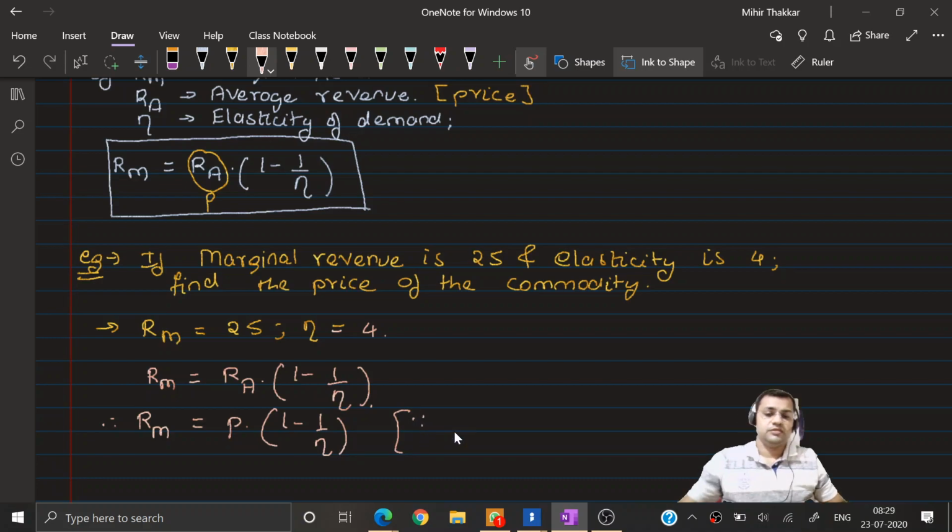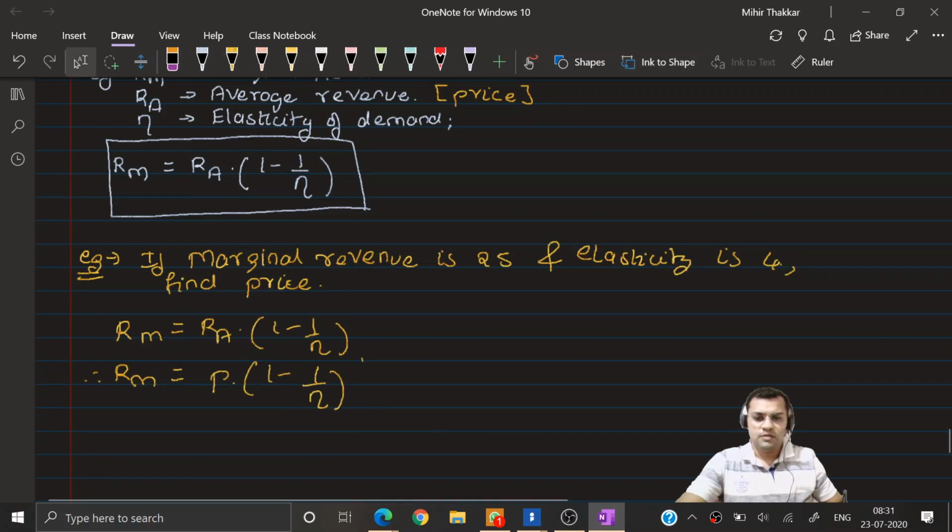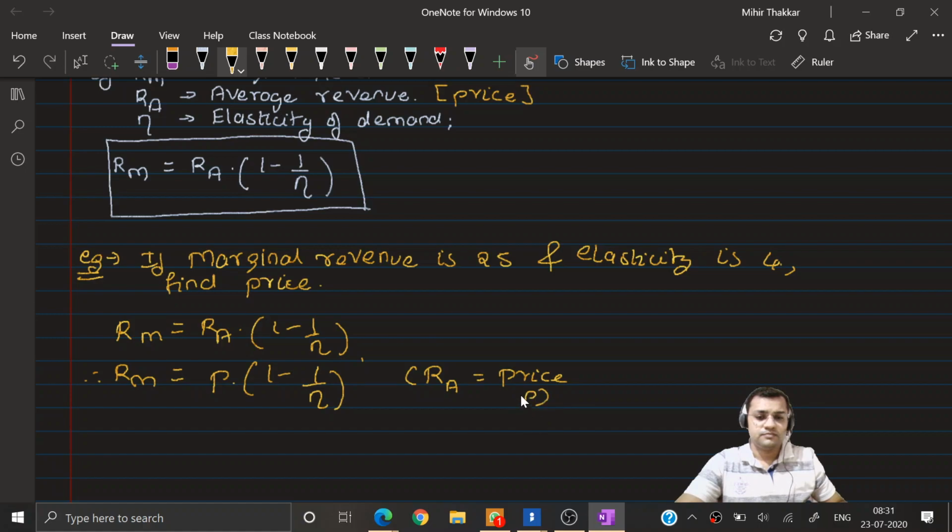Reason: we know that RA itself is the price P of that commodity.